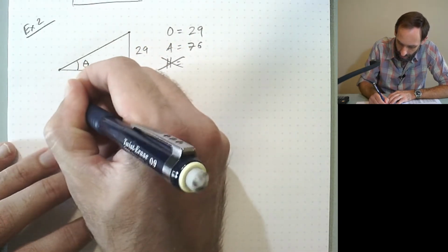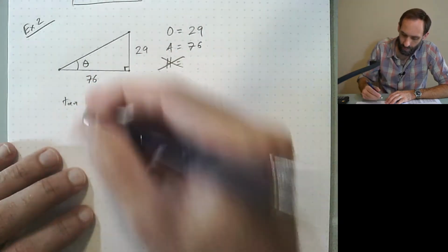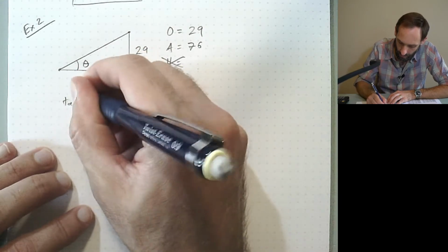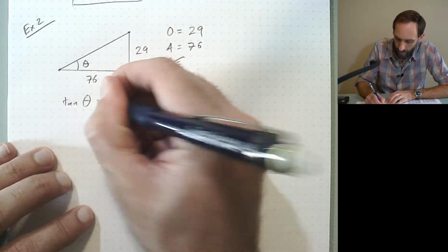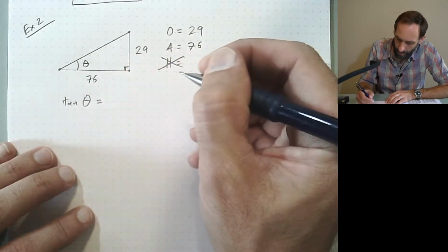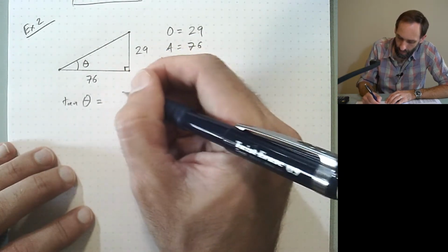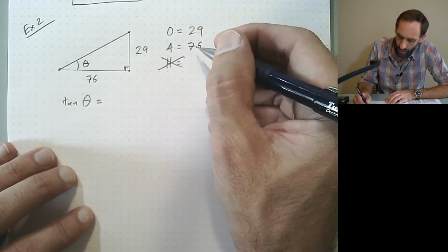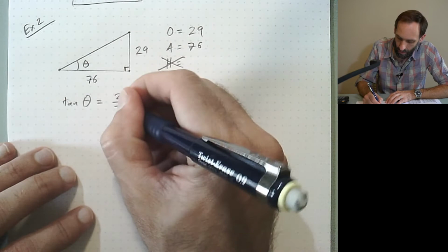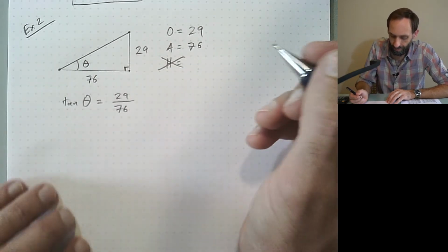So the tangent, let me add theta there. I don't know the measure of the angle, so I'm going to put theta as a variable, as a placeholder, until I find the measure of the angle. It's equal to the opposite over the adjacent. So the tangent of theta is equal to 29 divided by 76.